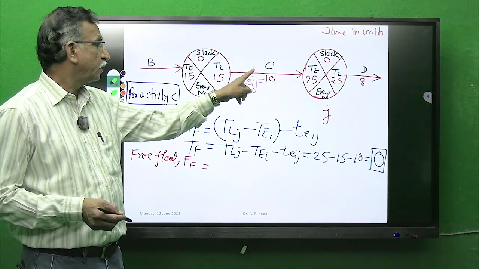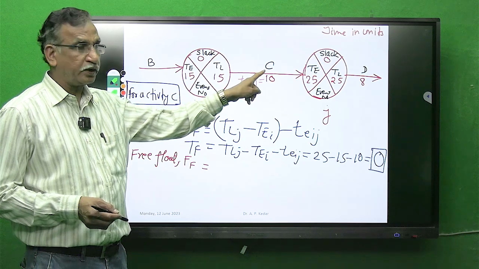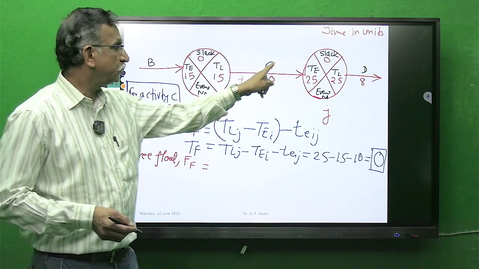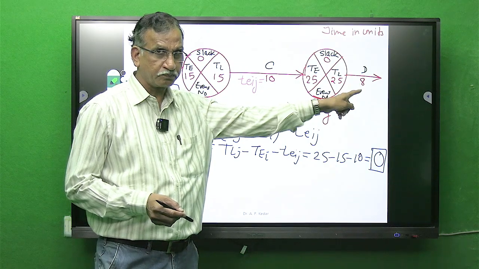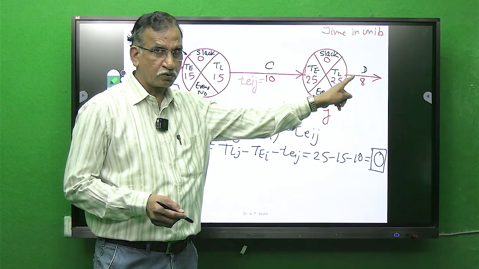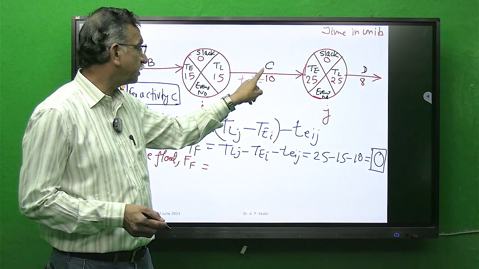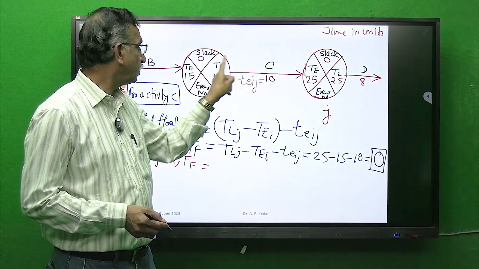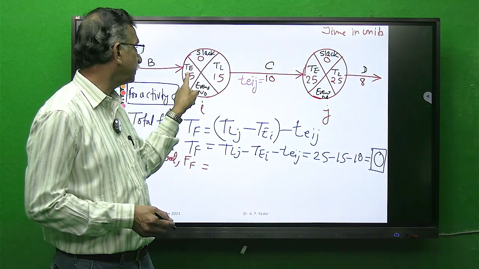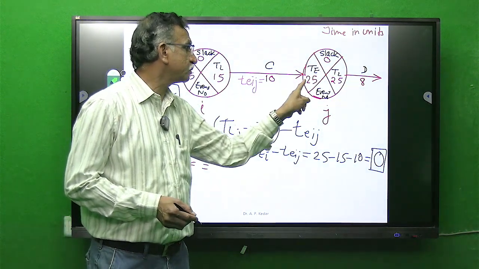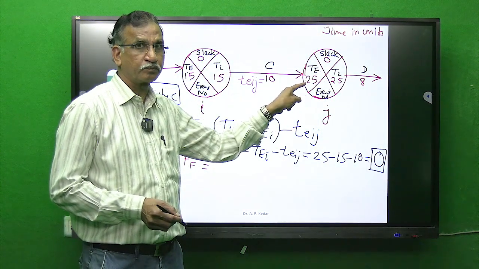See, I want to find float for C. For C, this is the successor. So earliest start of C is this much, this corner value. Earliest start of successor is this much, 25.